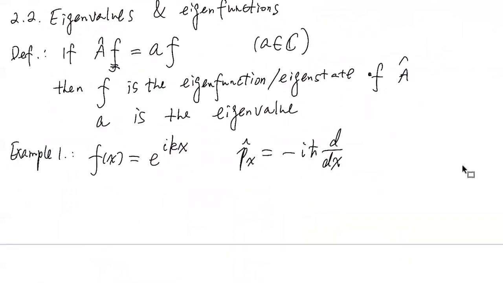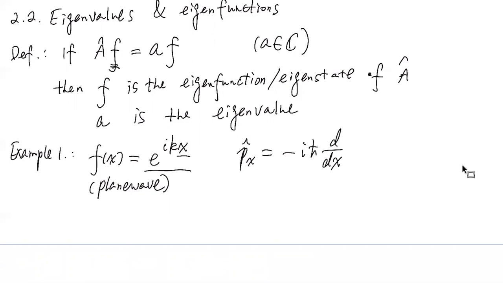All right. So of course, based on what we have learned in lecture 1, you already know that this represents a plane wave. Well, it's not a traveling wave because it does not contain the time-dependent term, but still it's a plane wave because you can write this function as a combination of cosine and sine using the Euler formula. So it will represent a plane wave.